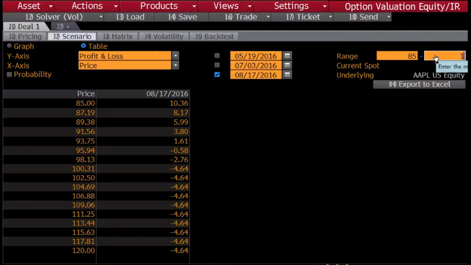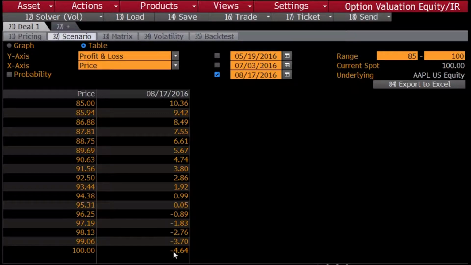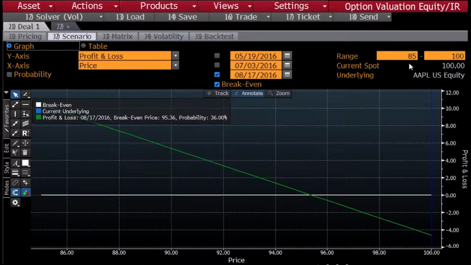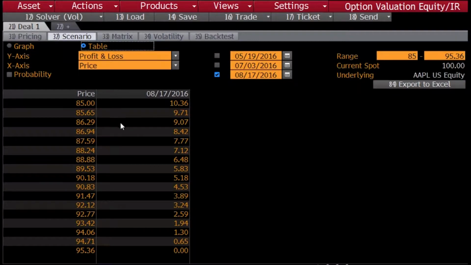Just adjust this range again from 85 to 100, and I can see that at 100, the 4.64 loss, and indeed, if I did use the break-even price of 95.36, and I go back to that table, you can see at 95.36, 0 profit, 0 loss, the break-even. So that's answered questions A, B, and C.